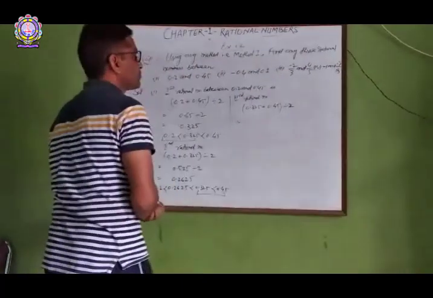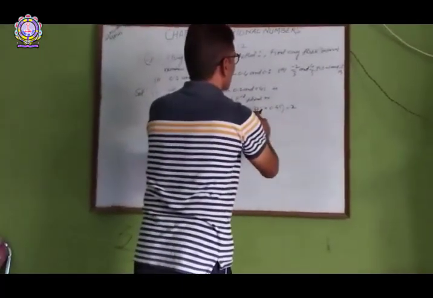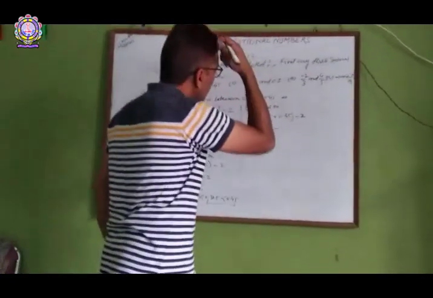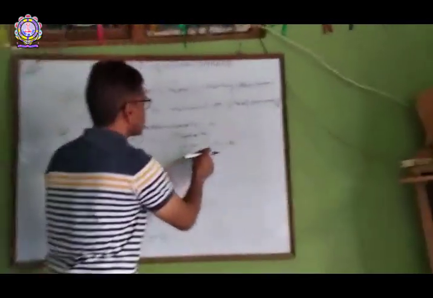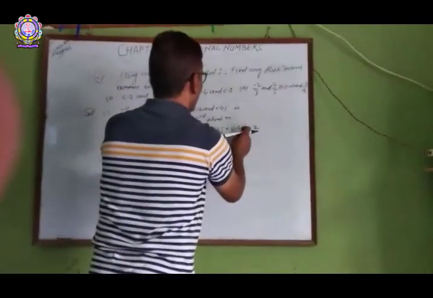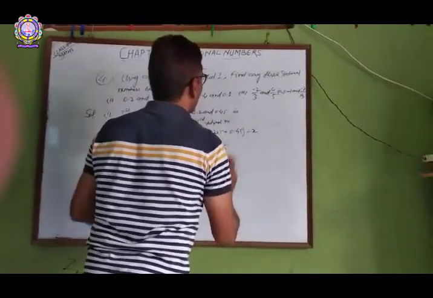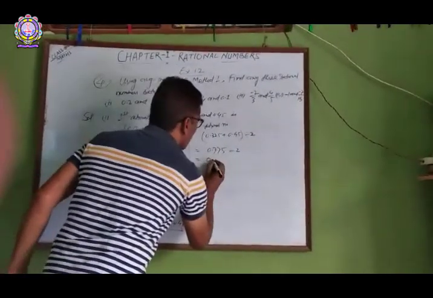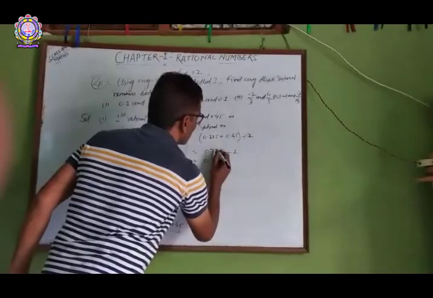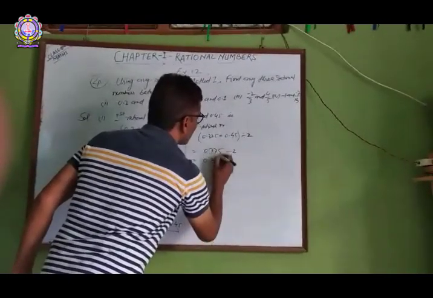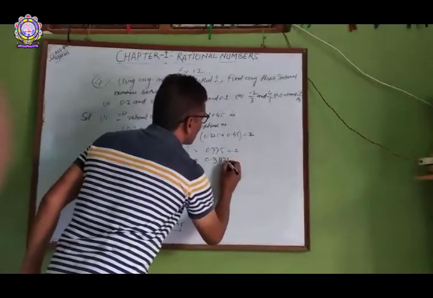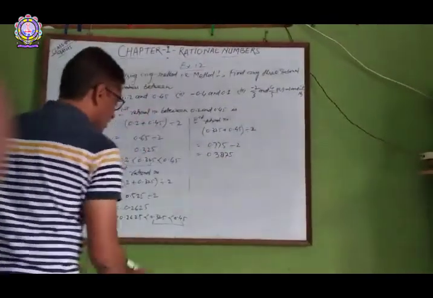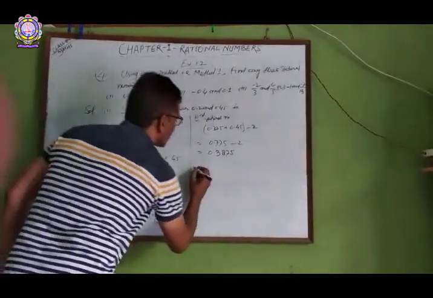This will be equal to 0.775. Okay, now check it. The addition is right or wrong? 5, 7, 7. Okay, this is right. Divided by 2, this will give you 0.3875, and this rational number will lie between these two rational numbers.